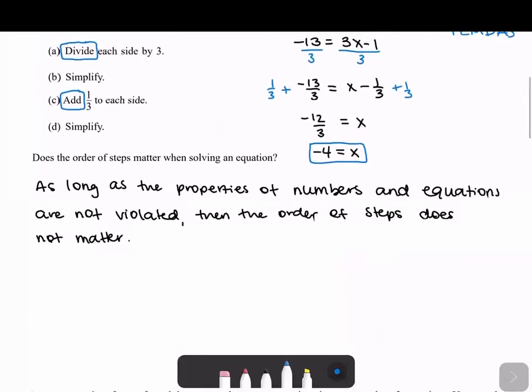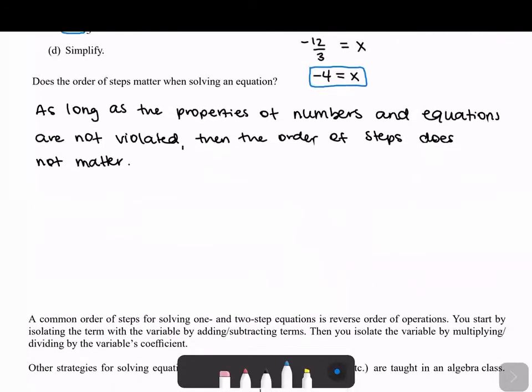However, what most of us would do to solve this problem, negative 13 equals 3x minus 1, is add 1 to both sides. Then we get 1 plus negative 13 is negative 12 equals 3x.